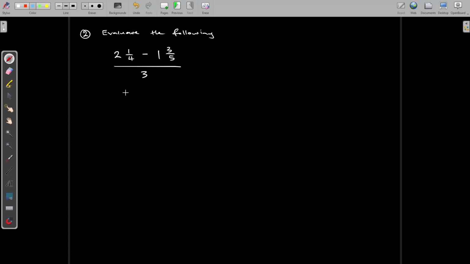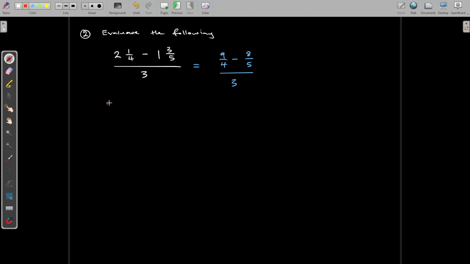Okay, so first I changed the 2 and 1 over 4 into an improper fraction, which is 9 over 4. And I changed the 1 and 3 over 5 into 8 over 5. And then I worked out the numerator first.